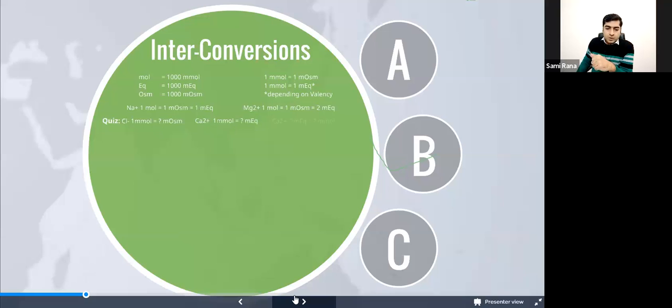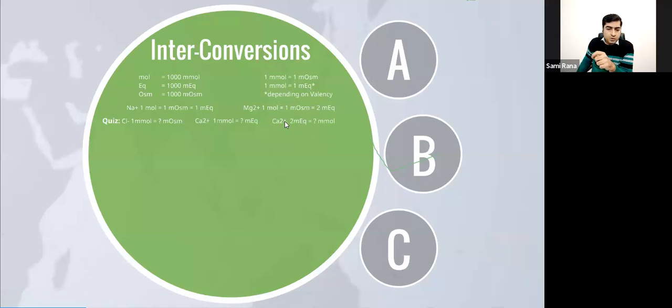So now a third question. Well done, 2 MEQ. The third question is, calcium has a valency of 2. It has 2 MEQ, meaning 2 milliequivalents of calcium are going to equal how many millimoles? 1, excellent. So I'm going to repeat it one more time quickly for those who don't understand.